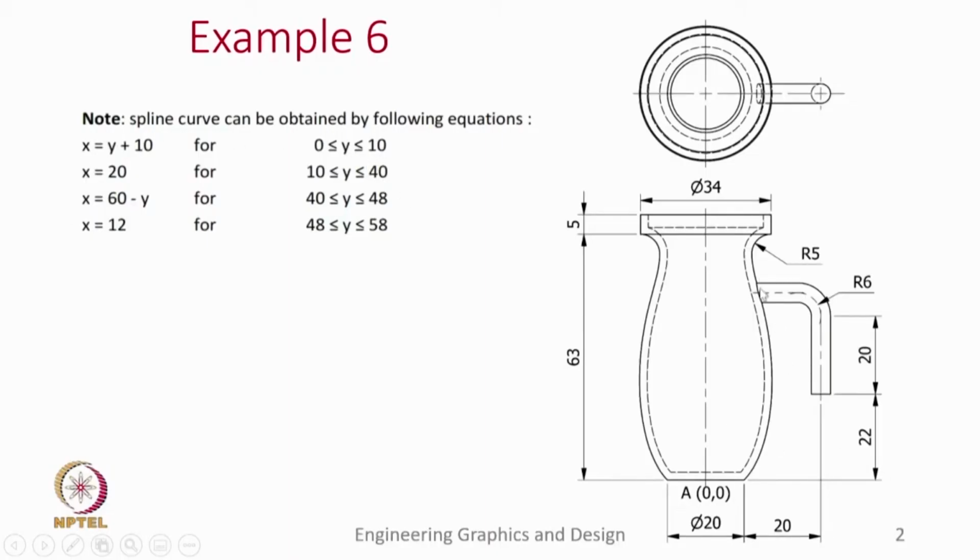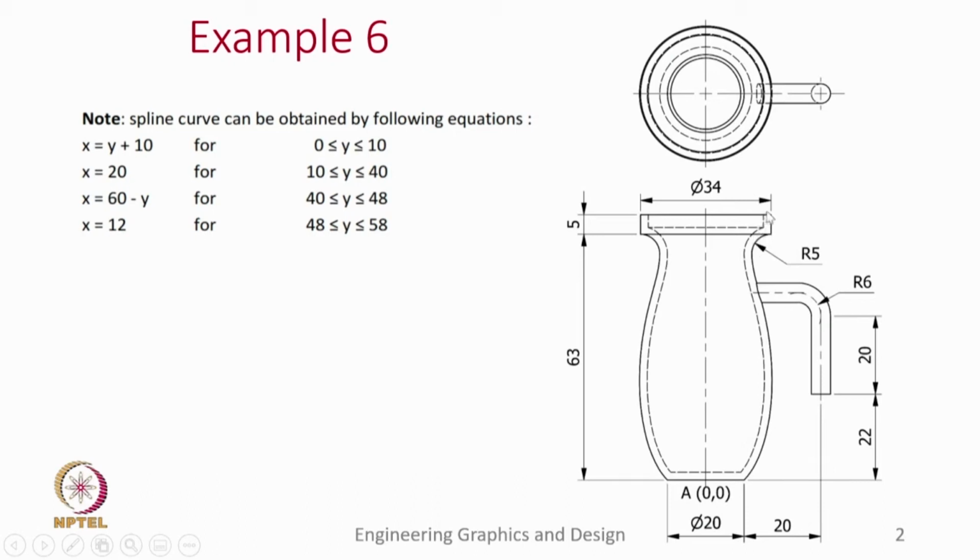We also notice that at the end of this smooth curve we have a fillet of radius 5, and at the top the cross section is uniform, the height of that is 5, and the diameter of the top lip is 34. So, we need to first create a spline using these equations, then create this fillet and the uniform cross section.